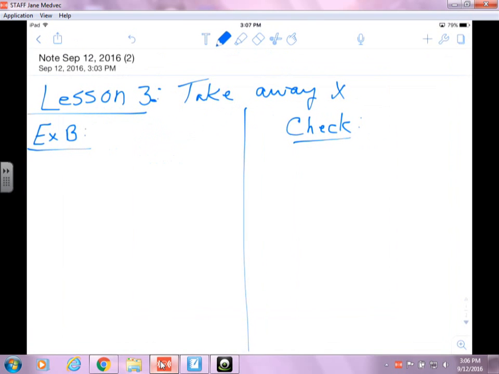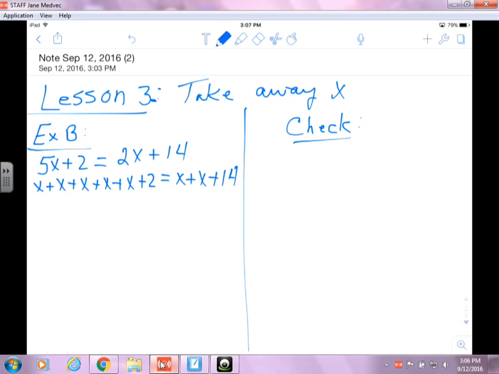So I'm going to go back to this, and remember the problem was 5x plus 2 equals 2x plus 14. And then we expanded it. So we have x plus x plus x plus x plus x plus 2 equals x plus x plus 14. Now this is how you take away the 2x.